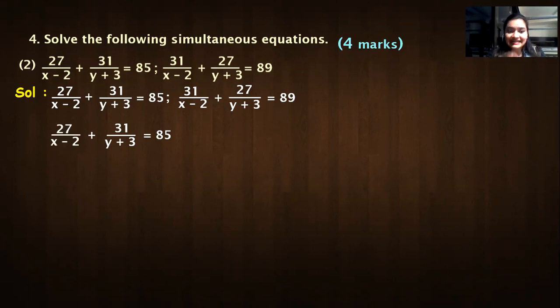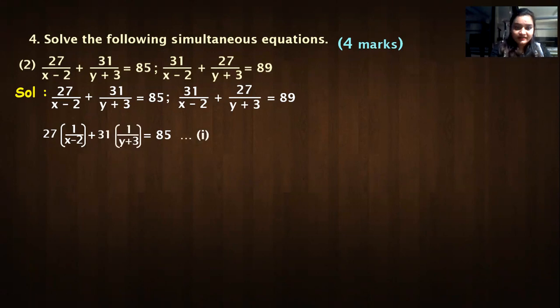If you get such equations, you can write it in the pattern numerator into 1 upon denominator. When you find the variable-related denominators same in both the equations, you can write it in the pattern numerator into 1 upon denominator. Again, 31 upon y plus 3 can be written as 31 into 1 upon y plus 3.